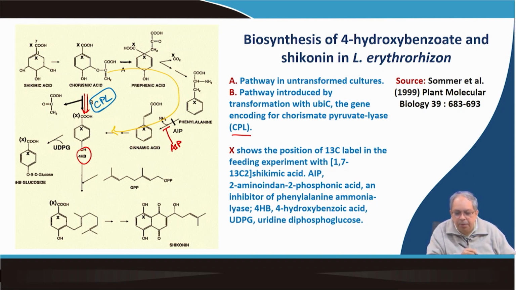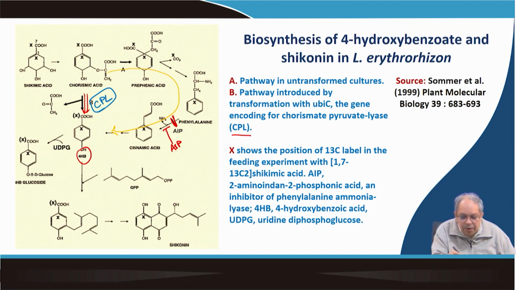As a result of AIP blockage, what is going to happen? If the AIP is blocked here, then this pathway is blocked. So, if CPL contributes to this pathway, then by blocking with AIP you will see some formation of 4-hydroxybenzoic acid. Otherwise, if the more 4-hydroxybenzoic acid is not because of the CPL, but maybe because of certain other epigenetic modification, then it will not really make any sense. So, that is why they have done feeding of AIP.